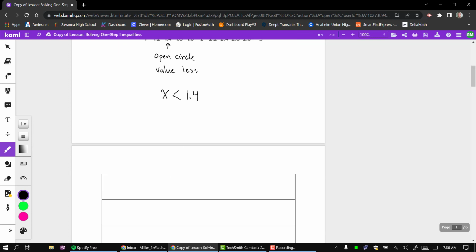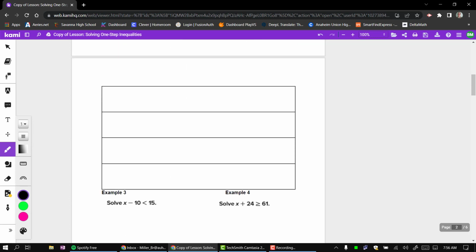So let's take a look at the next one. Before we look at the next one, I want to define something. This is called set builder notation. So that would look like this.